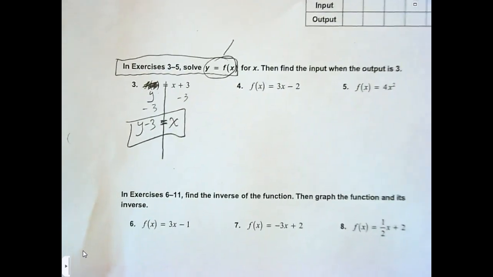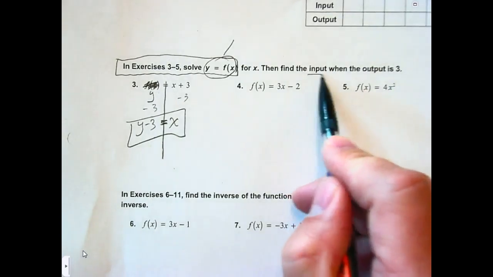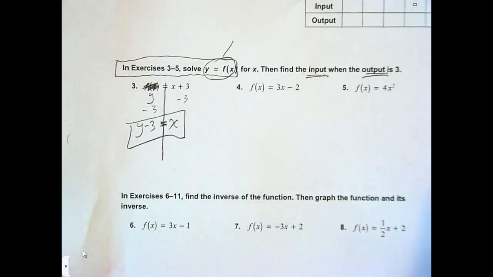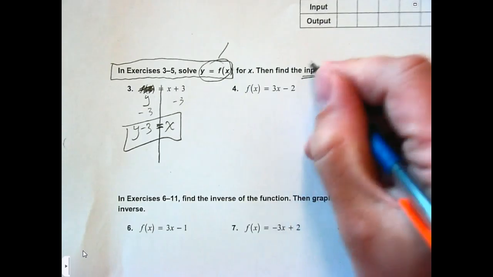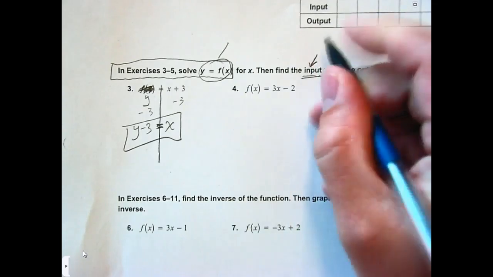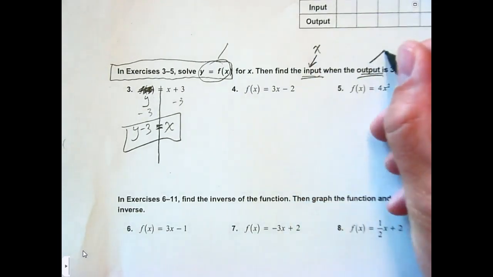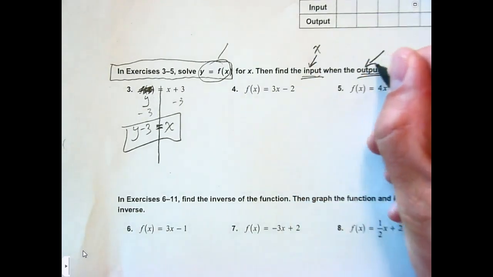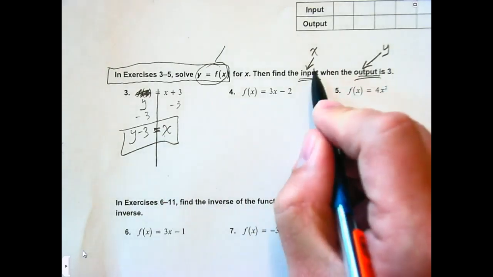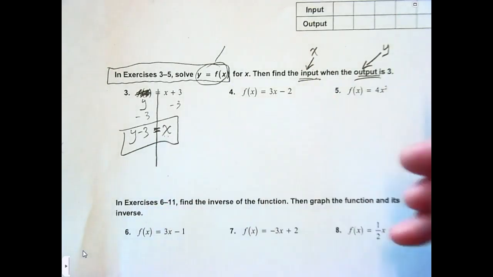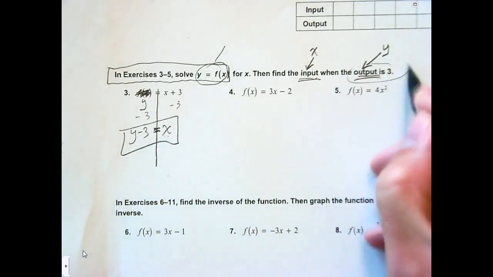And then they do kind of backwards things. They say, then find the input when the output is 3. Well, input refers to which variable? X. Output refers to y. So it's kind of convenient that we have it solved for x, because now we can put 3 in for y.